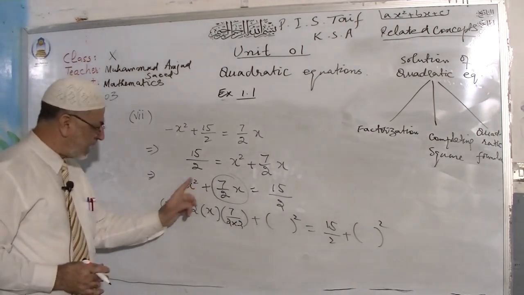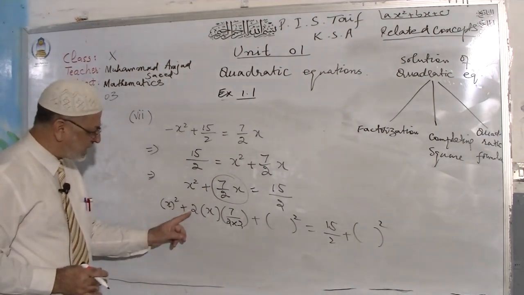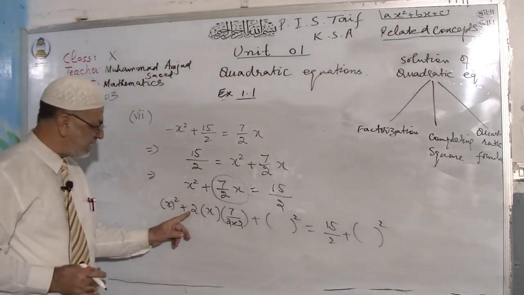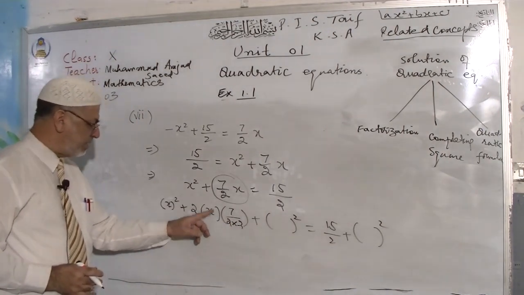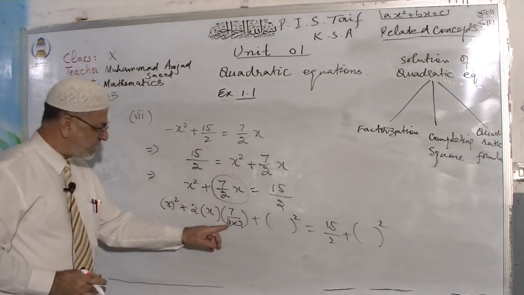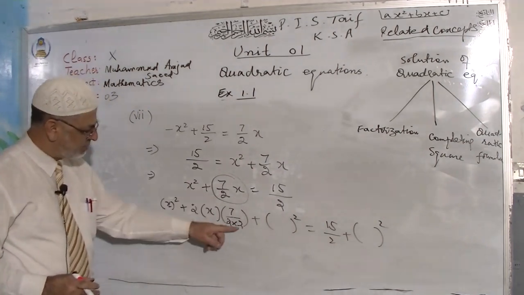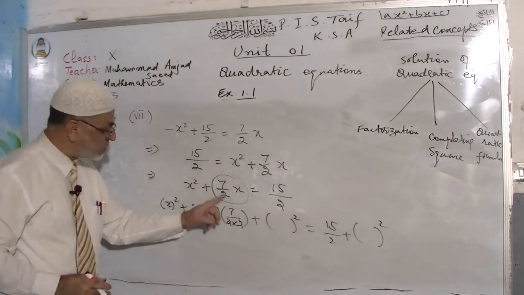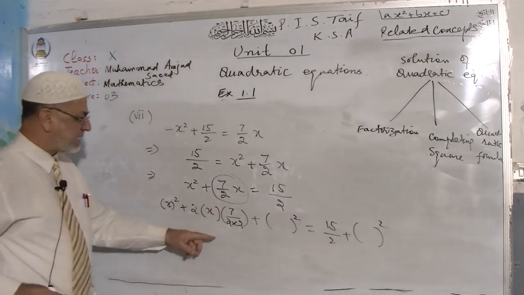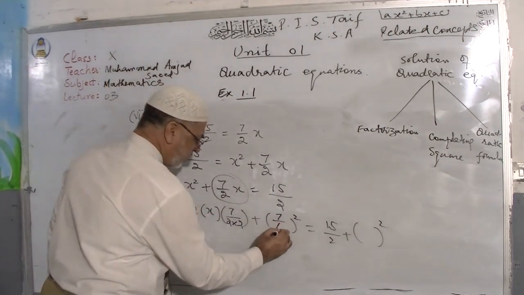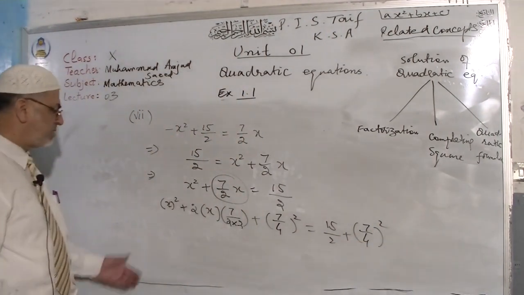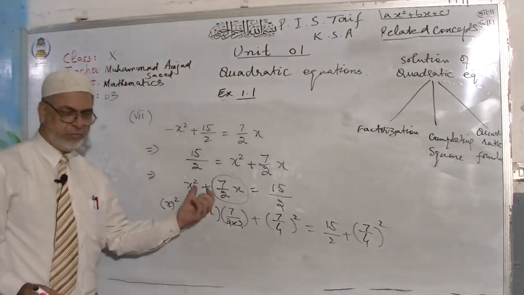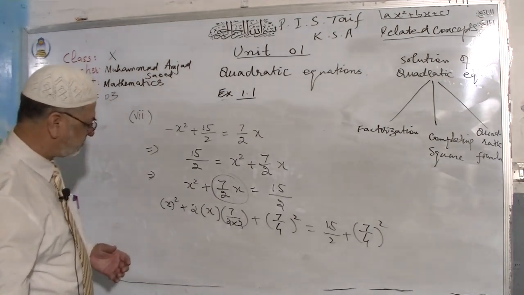If this is cancelled out, still you need this 2. So that's why I write down this 2 here. Here is 7 over 4 and this will be 7 over 4. Dear students, this is the way how to make the central term.